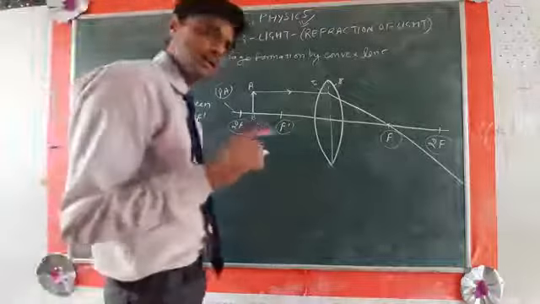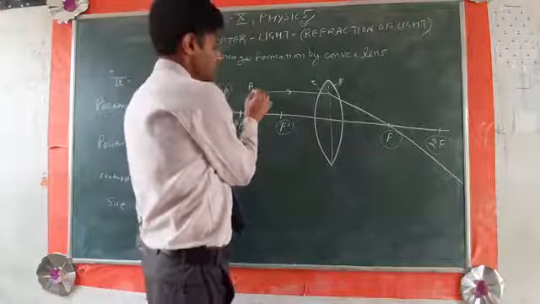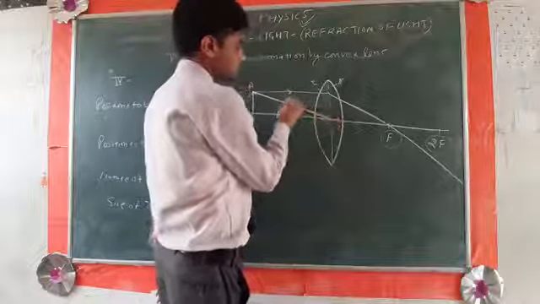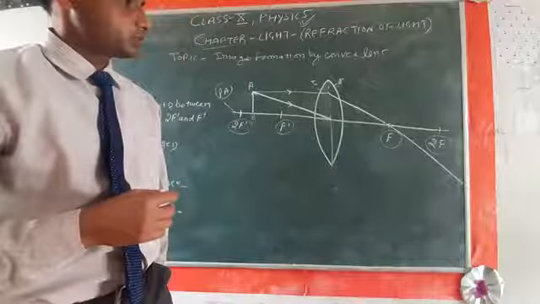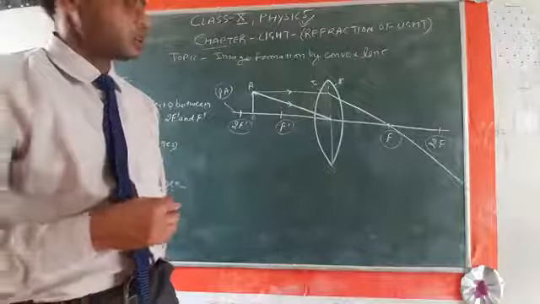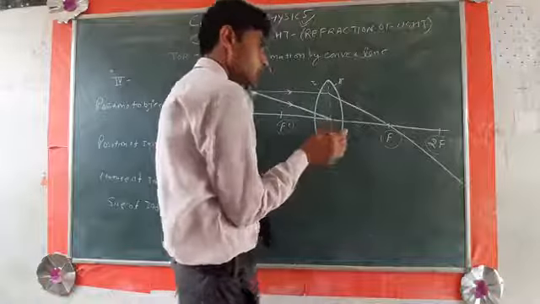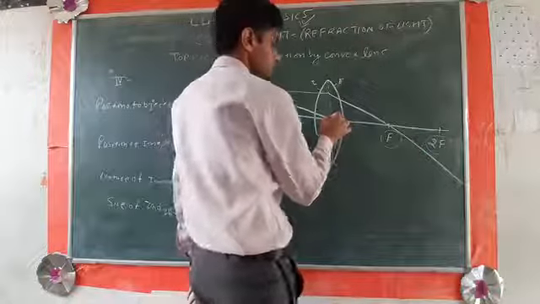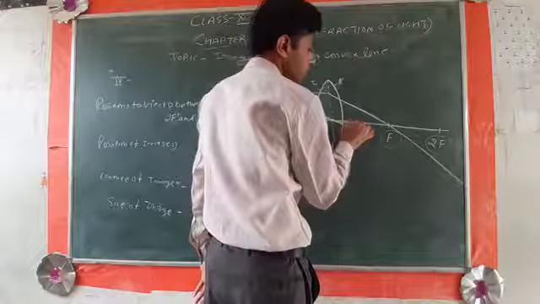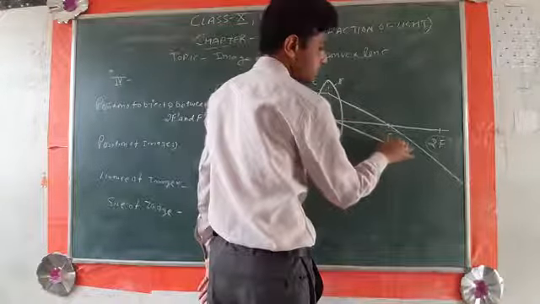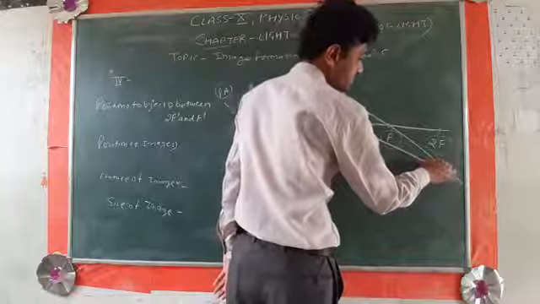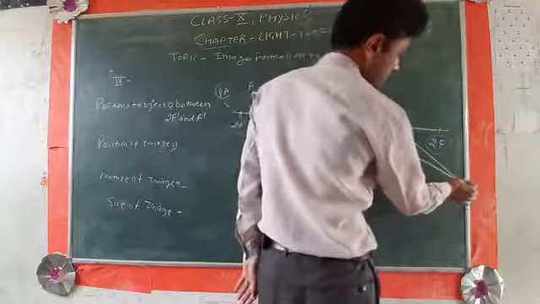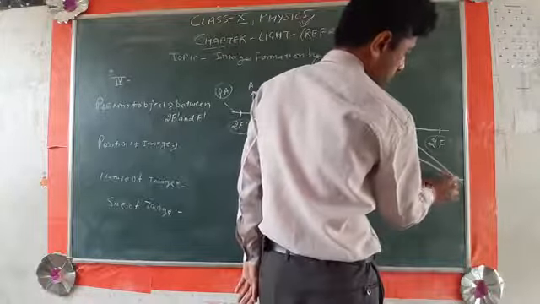Okay, let another ray start from point A and pass through the optical center. As you know, when a ray of light passes through the optical center, it moves without deviation.